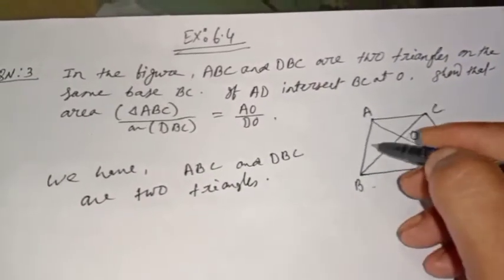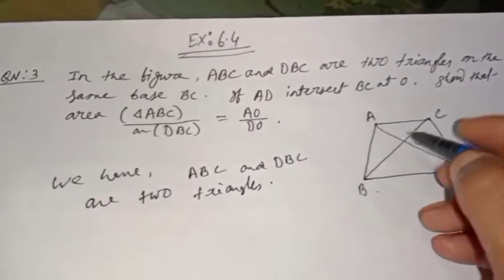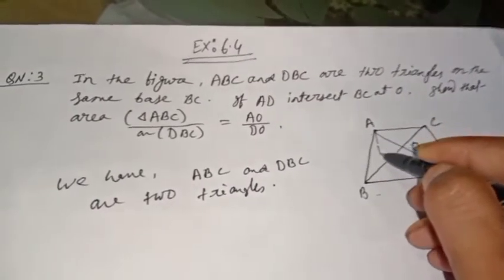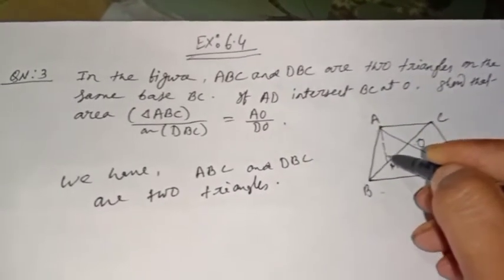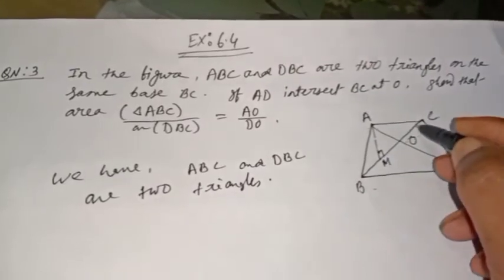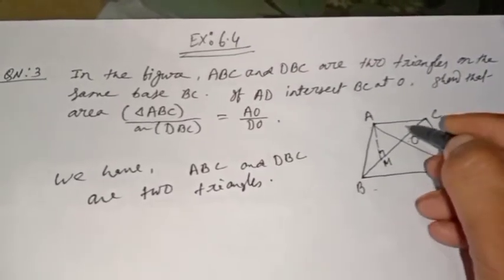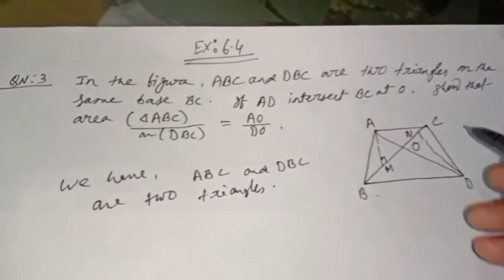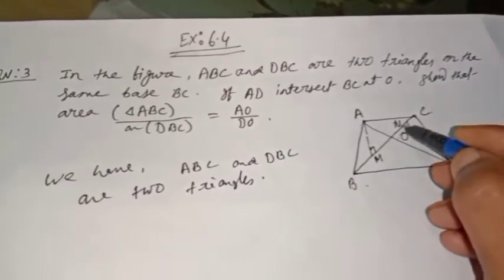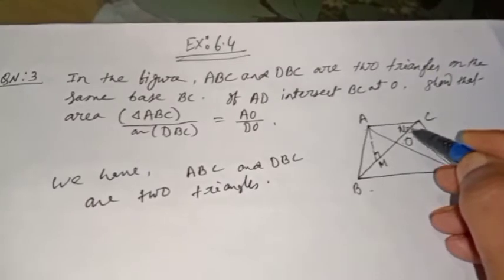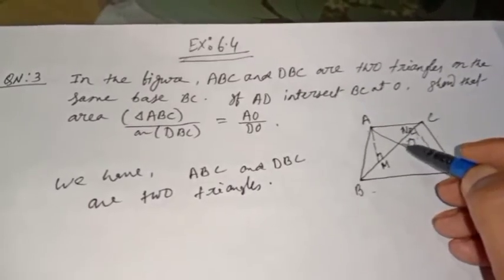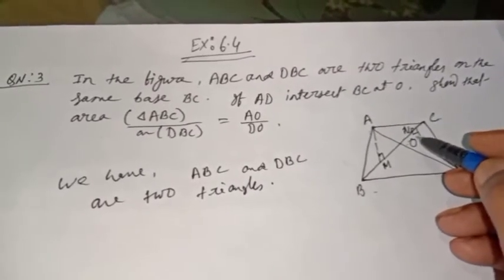Since these two triangles are on the same base BC, draw AM perpendicular to BC and DN perpendicular to BC. You have to draw two perpendiculars on the side BC, okay? Because BC is the common side of triangle ABC and DBC.